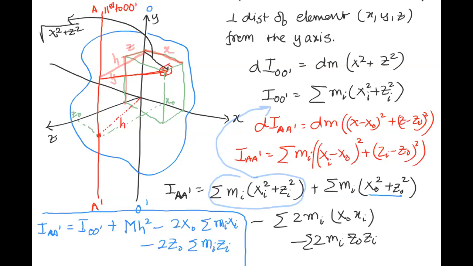It is nothing but under root of x naught square plus z naught square, that is h. Then there are the terms minus 2x naught summation m_i x_i minus 2z naught summation m_i z_i.